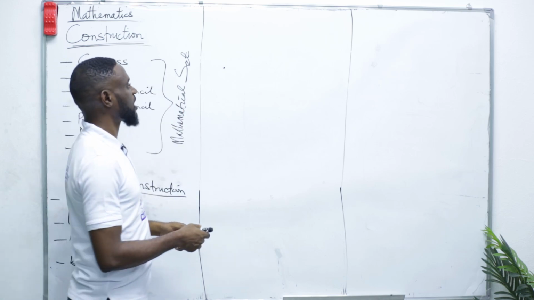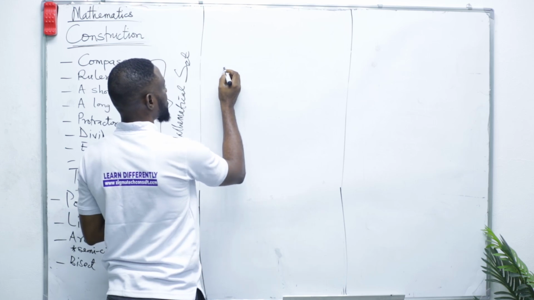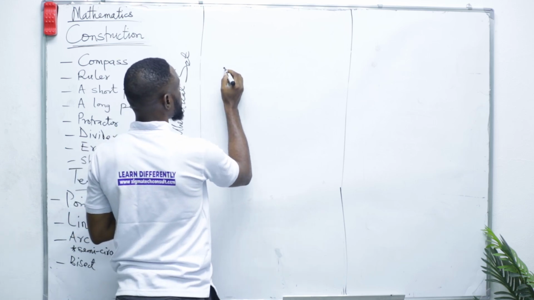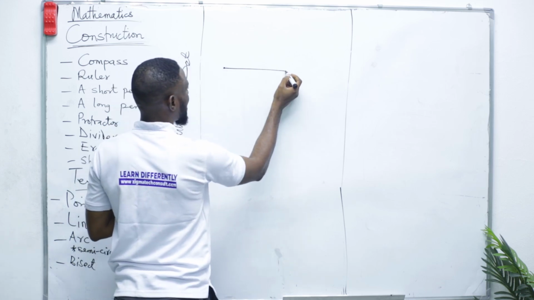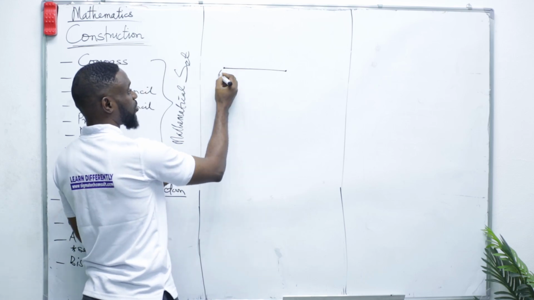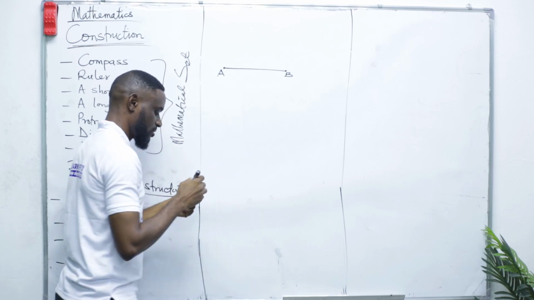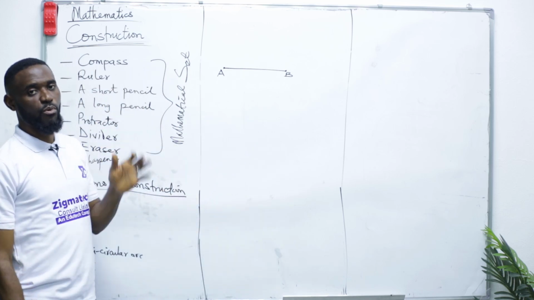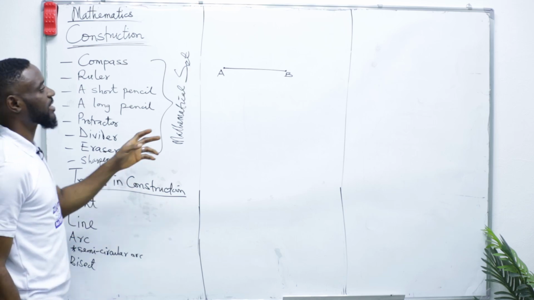It can also be said that a point is where a line starts. So if this is a line, that means this line started at this point and ended at this point. Do you understand the point? So that's why we can say this is point A and this point B. So points can be labeled. Then the other one is line.